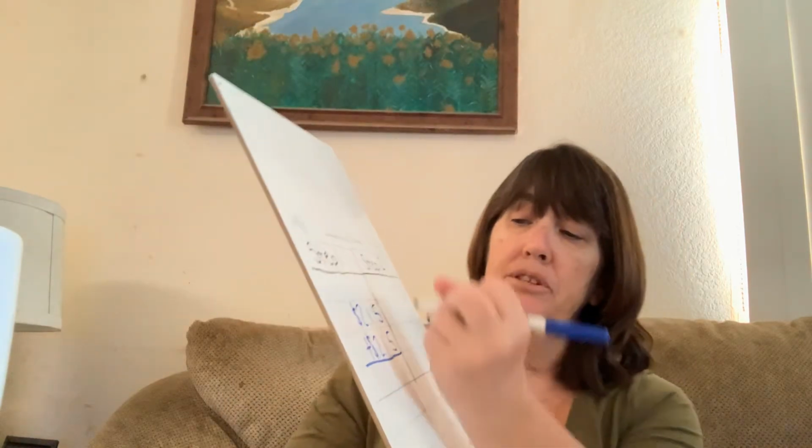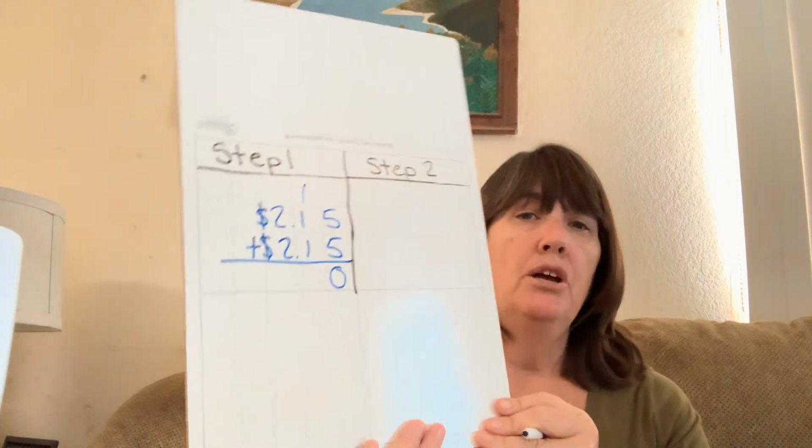And yes, they did this in the example. So 5 plus 5 is 10. More than 9, so we need to regroup. 1 plus 1 plus 1 is 3. Bring the decimal point down, and 2 plus 2 is 4. So he spent $4.30 on kites.